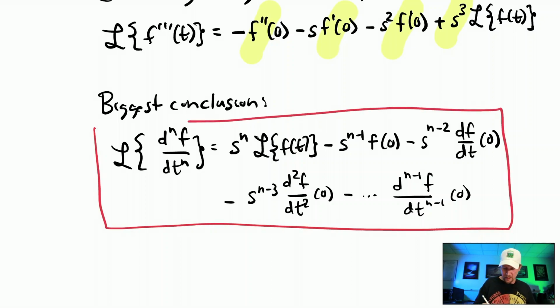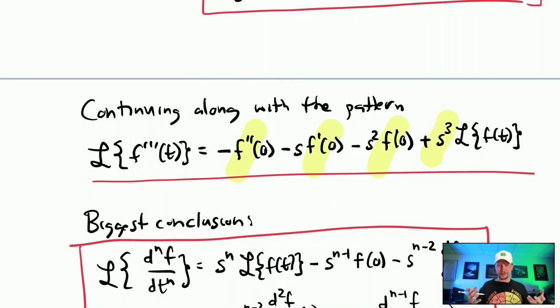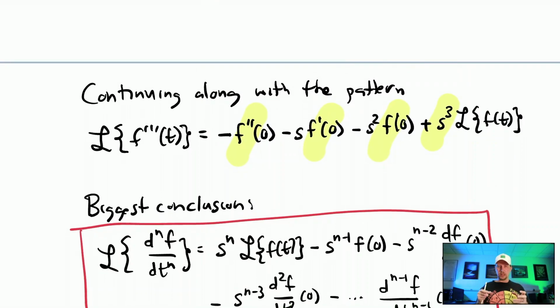This is the biggest abstract form for that, but I think that based on what you see right here, if you ever have to find the Laplace transform of a fourth derivative or a fifth derivative, which is very, very rare, you should be able to follow that pattern and compute these things. But notice that one of the things that's been done is that by taking the Laplace transform of a higher derivative in the time domain, there are no derivatives in the Laplace transform.